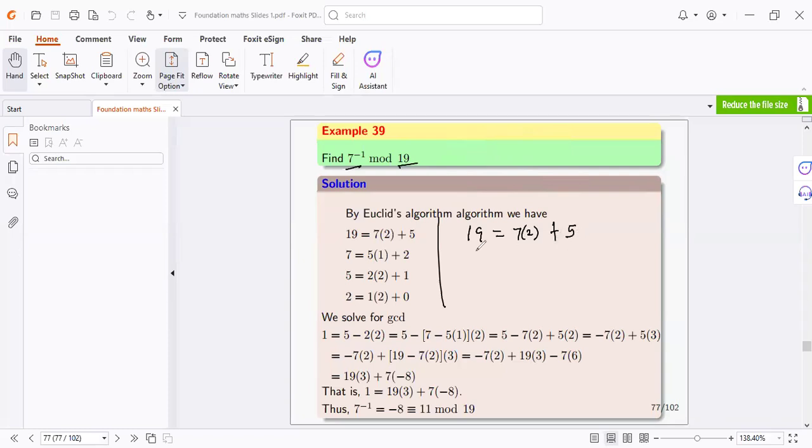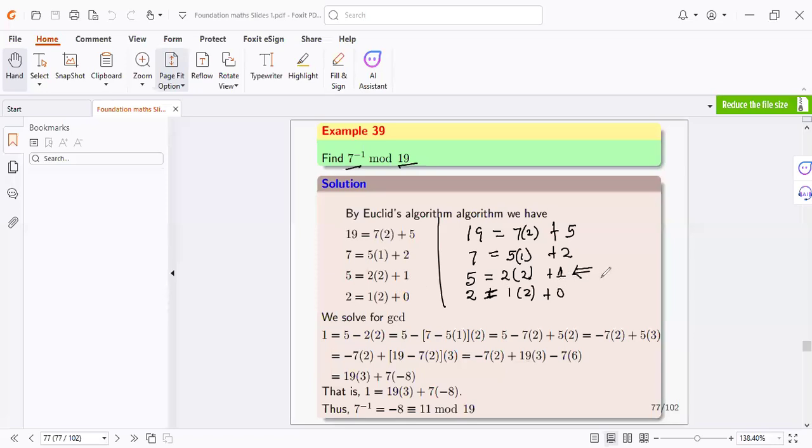Then what about 5 into 7? 5 will go into 7 once, and the remainder will be 2. What about 2 into 5? It will go there twice, and the remainder will be 1. We've arrived at the GCD because the next step gives us a remainder of 0. That means our GCD is 1.